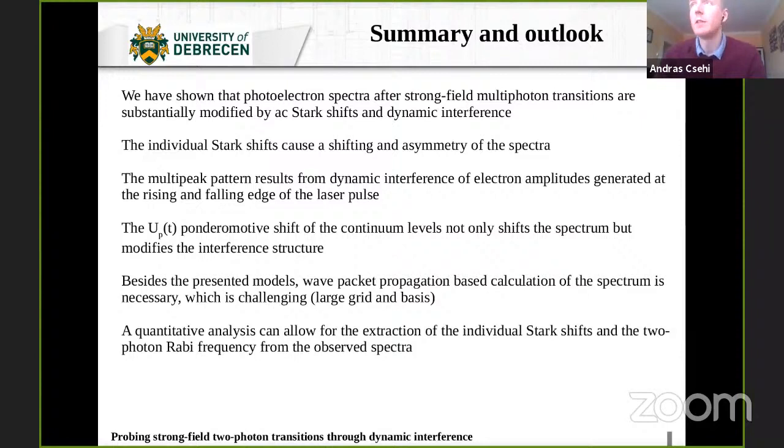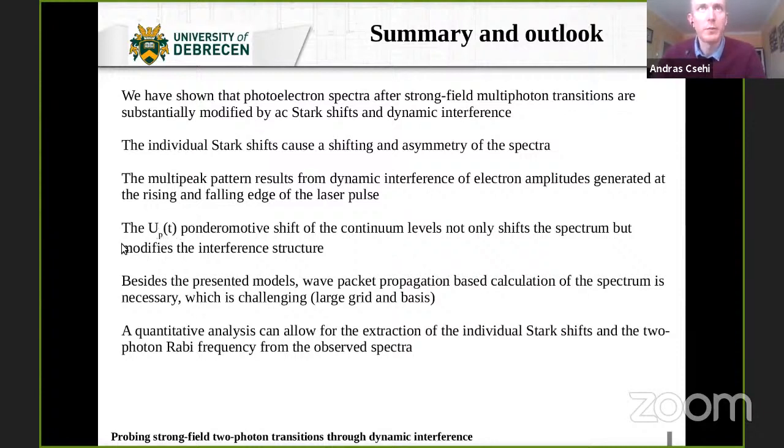The individual Stark shifts cause the shifting of the spectrum and also the asymmetry, while the multi-peak pattern is the result of dynamic interference of electron amplitudes that are generated in the first and the second half of the laser pulse.